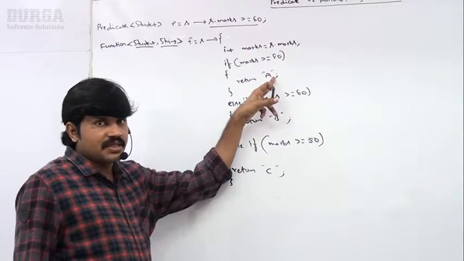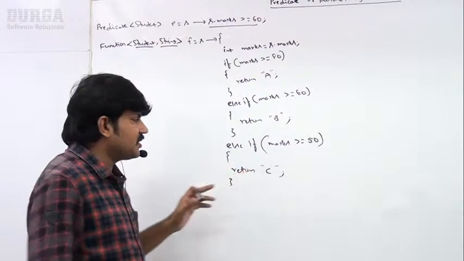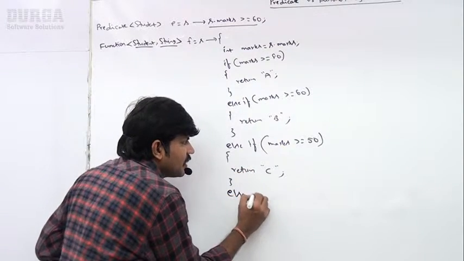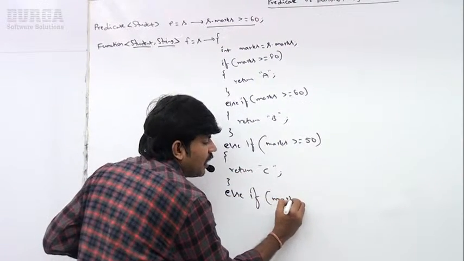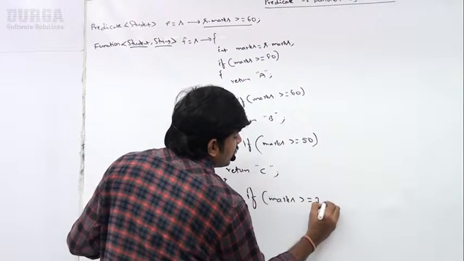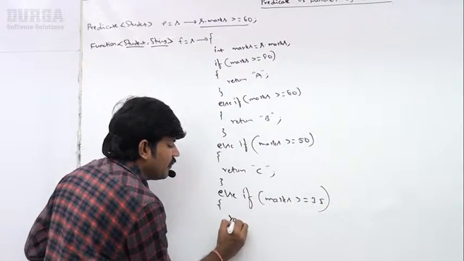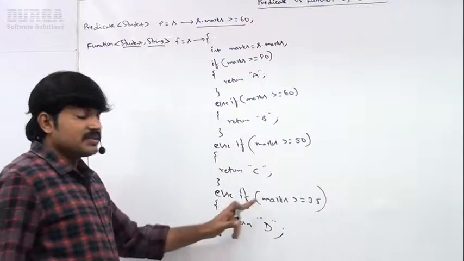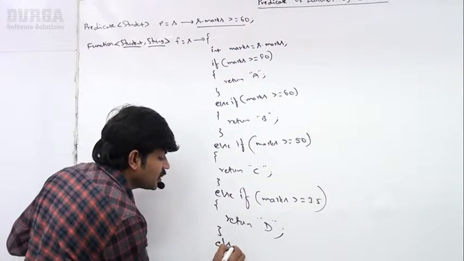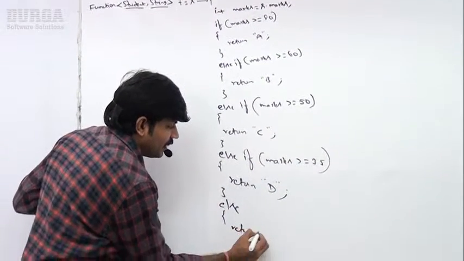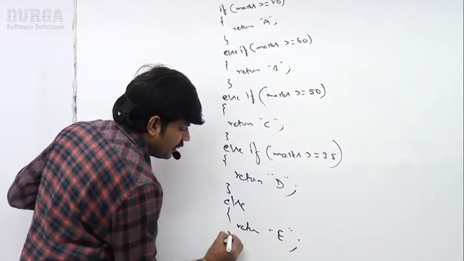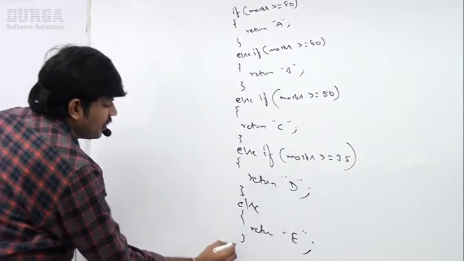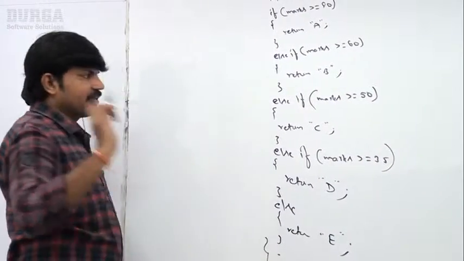This is the distinction, this is the first class, this is the second class. Next, else if marks are greater than or equal to 35, return D grade. Sir, else means failed student, return E grade. That's all. End of the lambda expression.